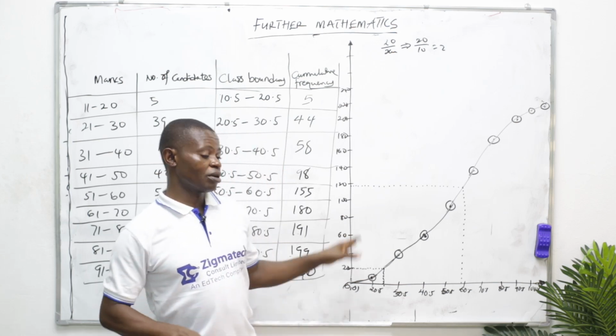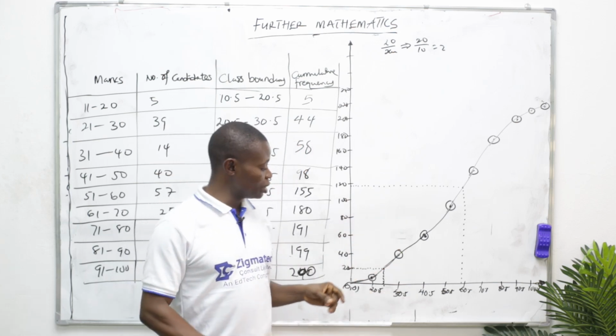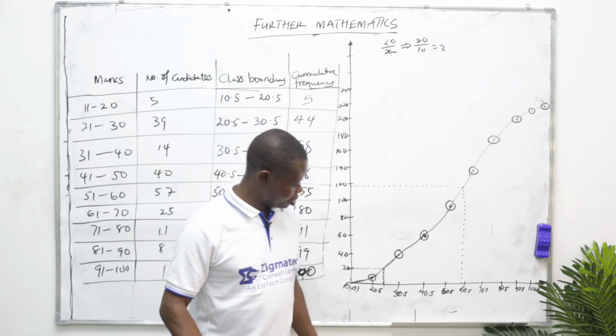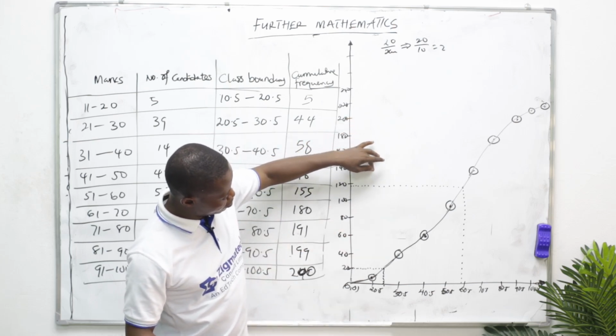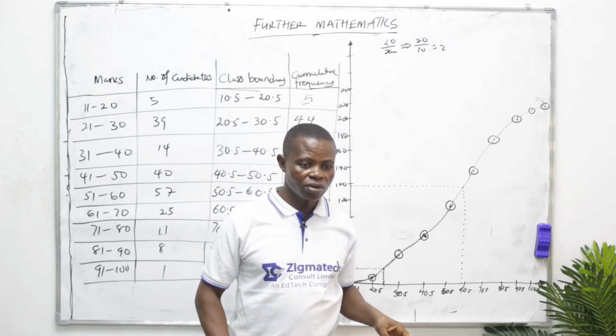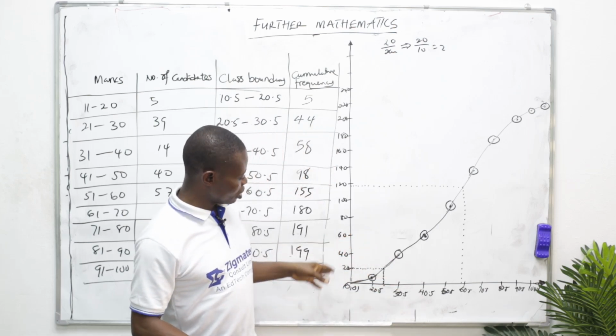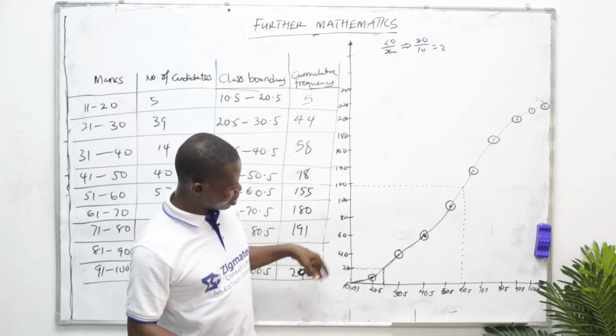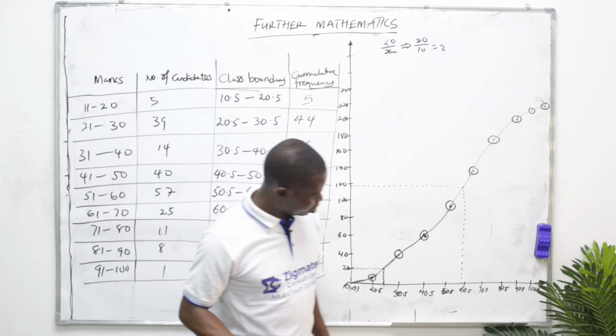Though this is a rough graph, it cannot give us exactly what we need. So when you trace, you get your value. You subtract so you can know the exact number of students.